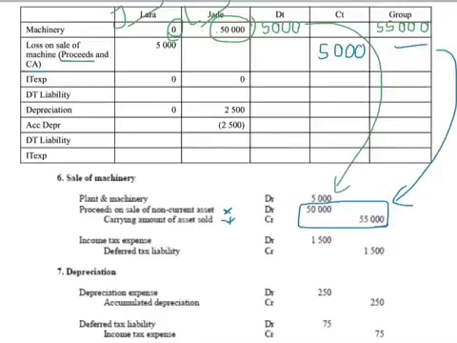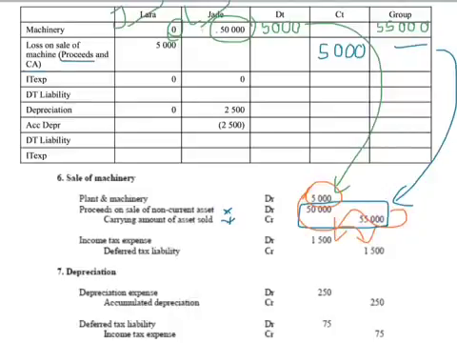Now, because we adjust the carrying amount of an asset, there's going to be a deferred tax consequence, because there's a change in the carrying amount of the asset versus the tax base of the asset, and we also reverse the tax effect of the loss on the sale of the non-current asset.